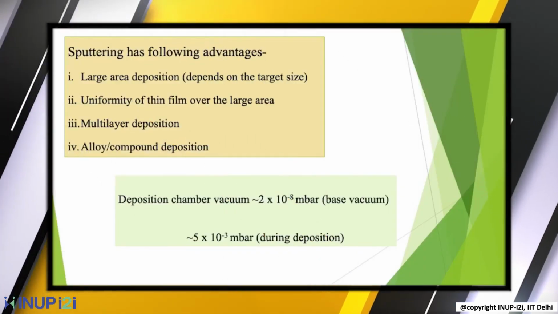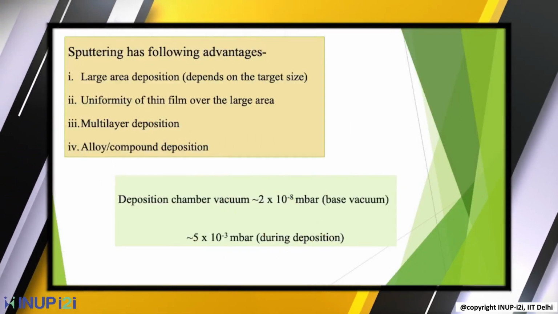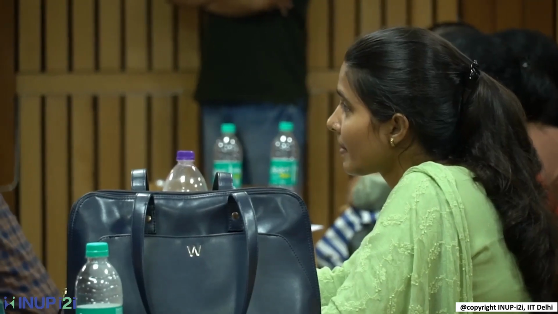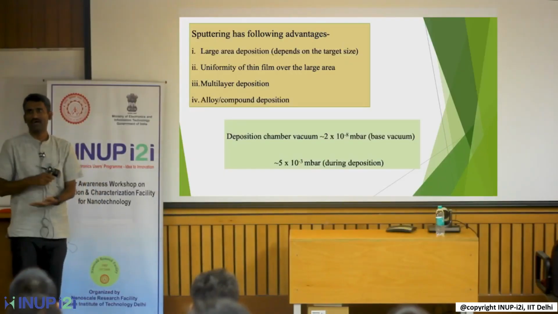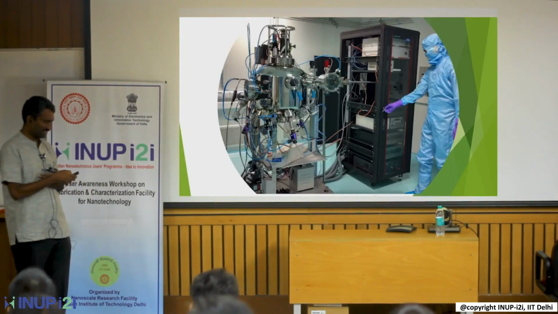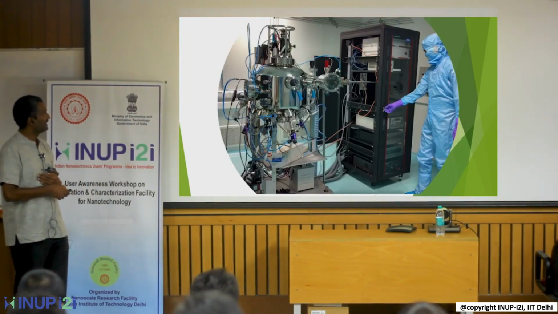Multi-layer depositions are also possible. Now you are talking about multi-junction devices, where we want multiple functions based on light absorption or anything else. You can have the layers by having multiple targets in this system. This system can hold 3 targets.